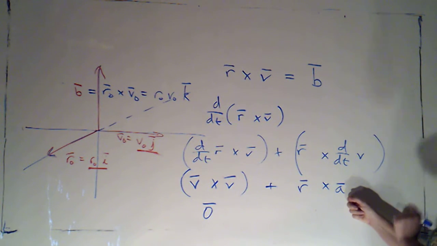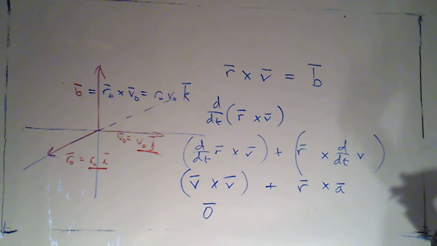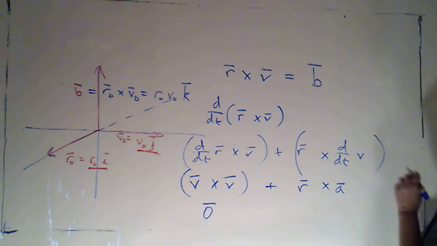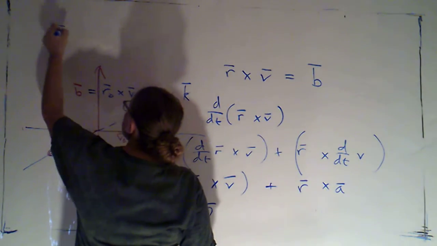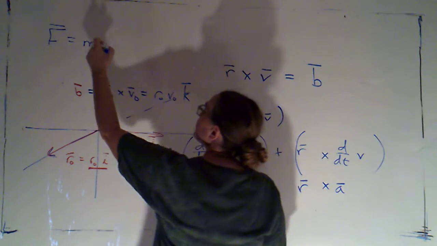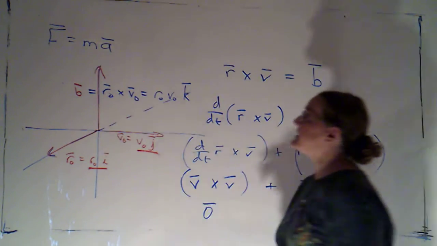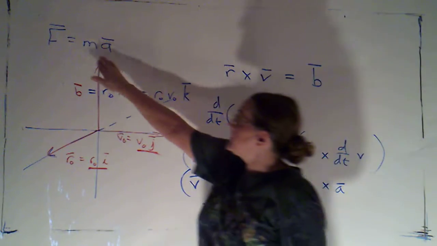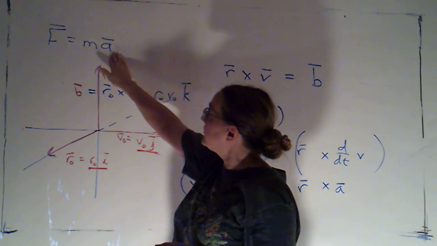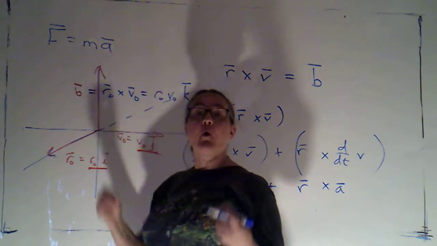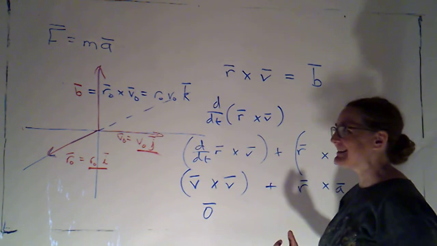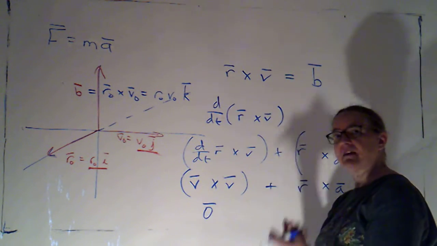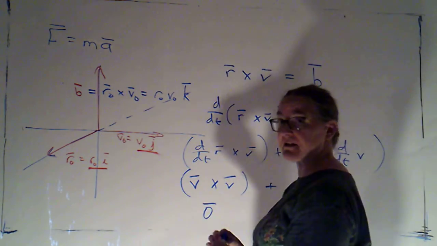But here, I can actually use Newton's second law, that the force is equal to the mass times the acceleration. So the force of gravity that I have is going to be the mass of the planet times the acceleration. Now, this is a positive scalar, so that says that acceleration and this force of gravity point in the same direction. But I know what direction that is, because the force of gravity that the sun is exerting on the planet is an attractive force.